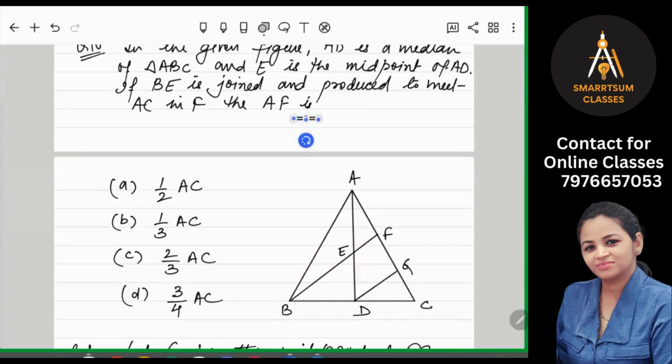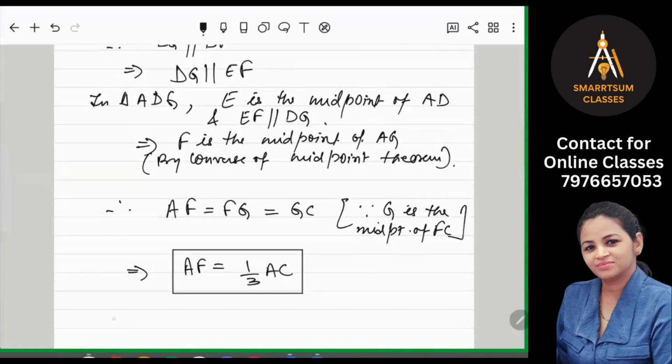AF is 1/3 of AC, so option B is correct. Therefore, B is the correct answer. In this way, we have got that AF is 1/3 of AC. I hope you have understood this.